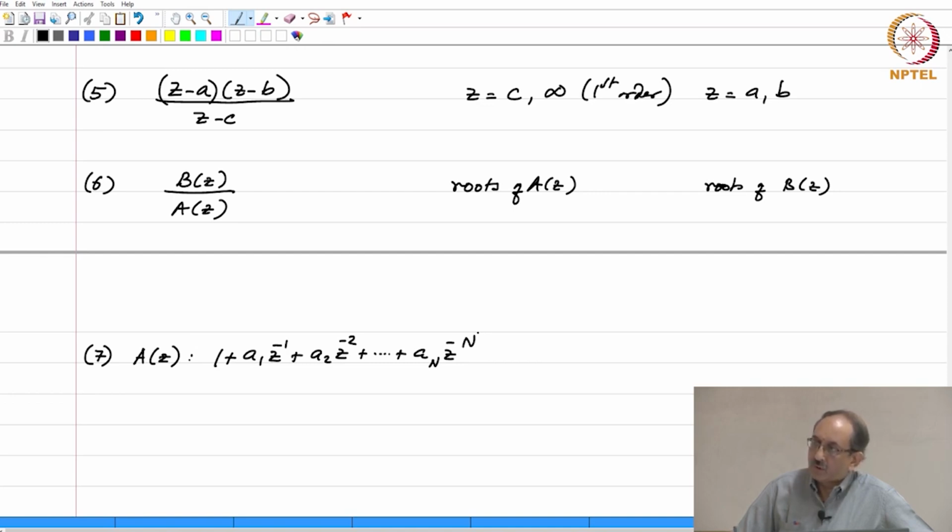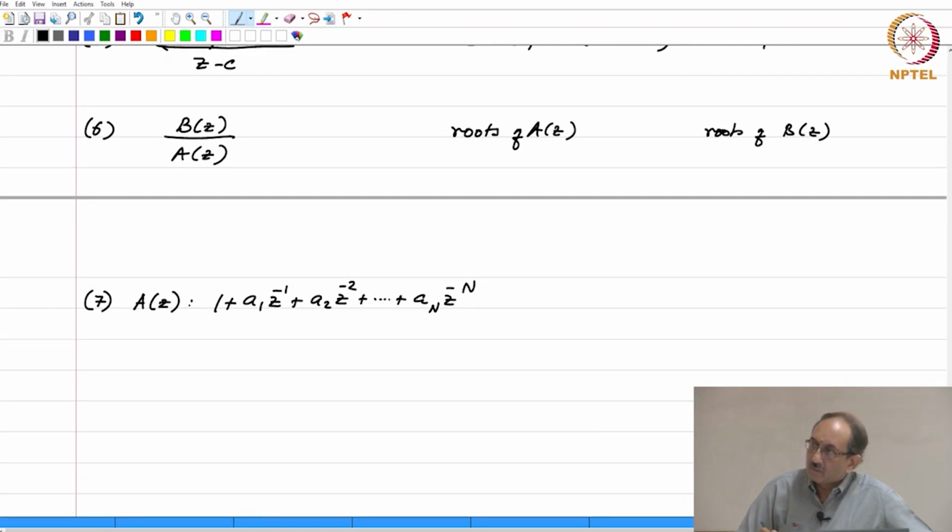If you want to talk about its poles and zeros, where are the poles, where are the zeros? So, this can be written as Z to the n plus A1 Z to the n minus 1 dot dot dot up till AN, divided by Z to the n.